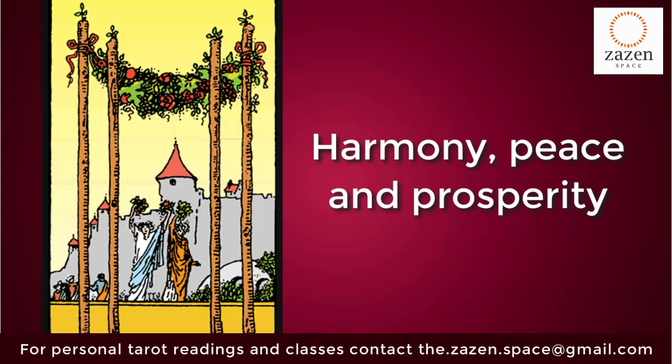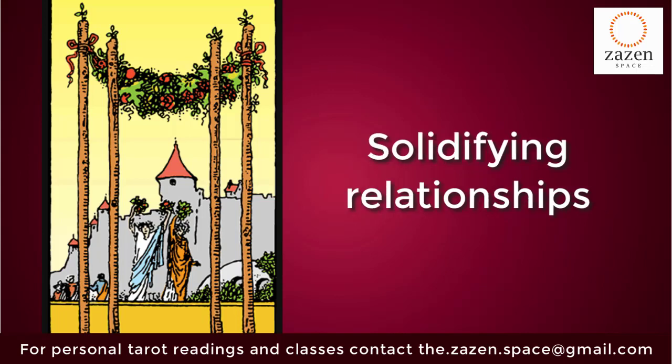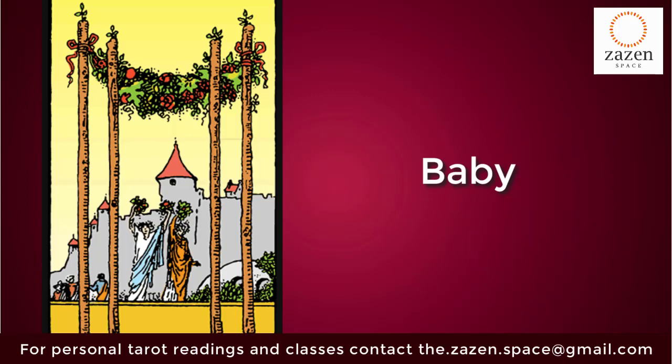Things like unexpected good fortune, increase in positivity, beauty, beautifying your home, decorating your home. Sometimes, in addition to the marriage card, this is definitely referred to as the marriage card. Sometimes it can also represent solidifying a relationship in ways other than marriage, or else it could mean a baby coming up. Sometimes, not always, friends.